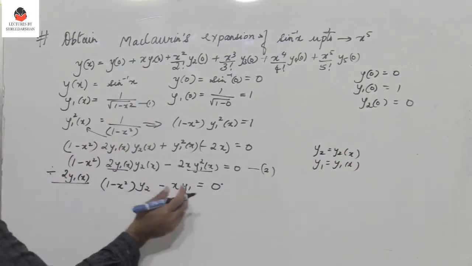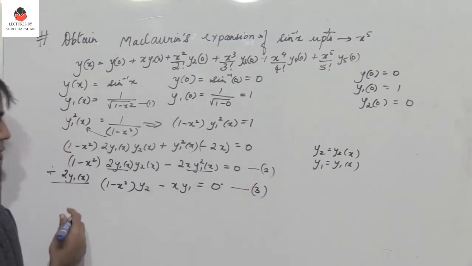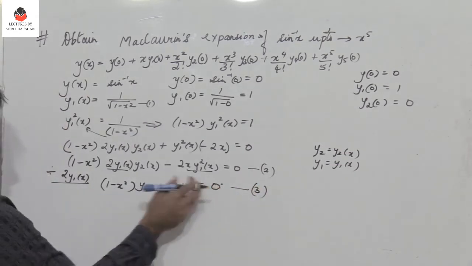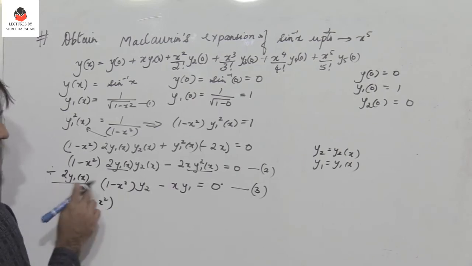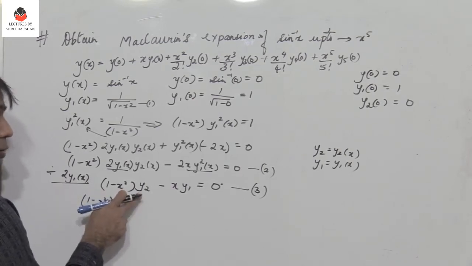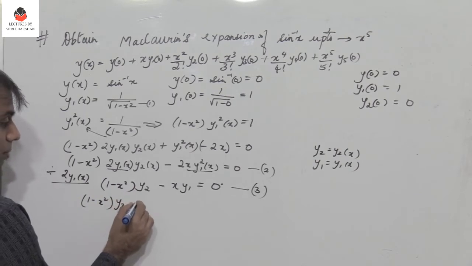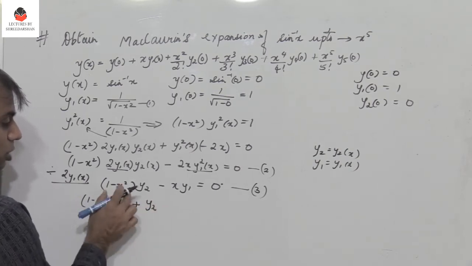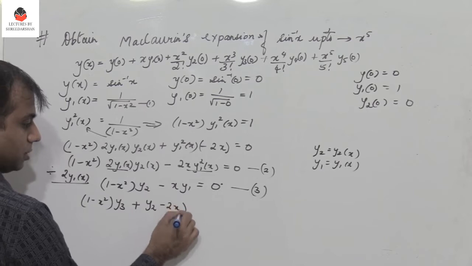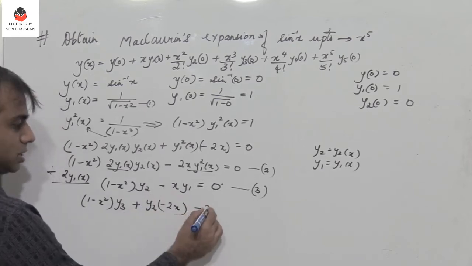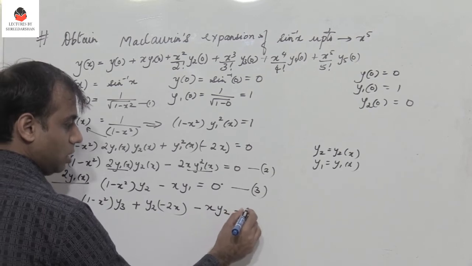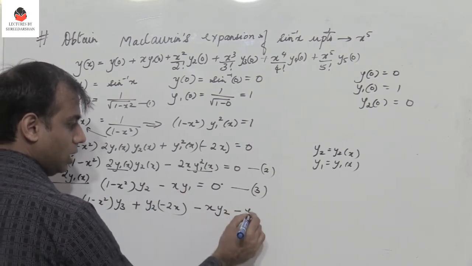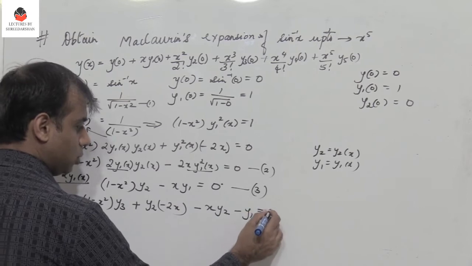So now we differentiate this again with respect to x. Differentiate expression 3. So the first function 1 minus x square, differential of y2 is y3, plus y2 into differential of the first term, which is minus 2x, minus first function into differential of second function, which is y2, minus y1 into differential of x, which is 1, equal to 0.